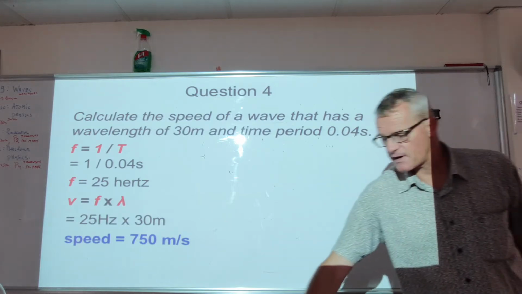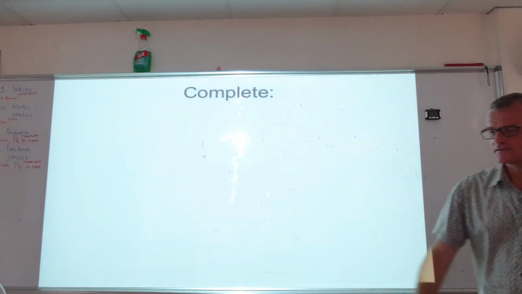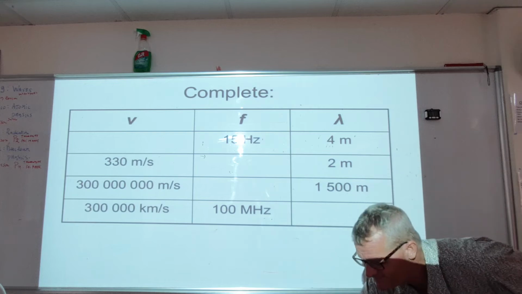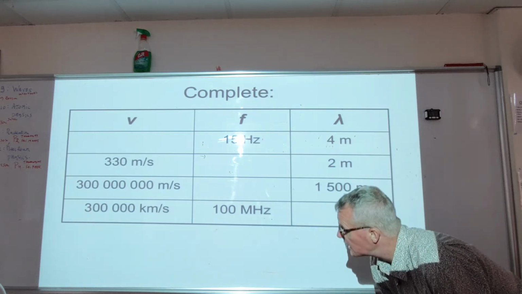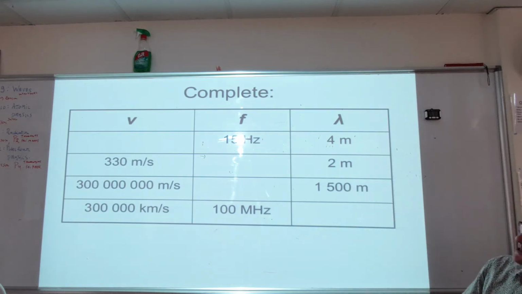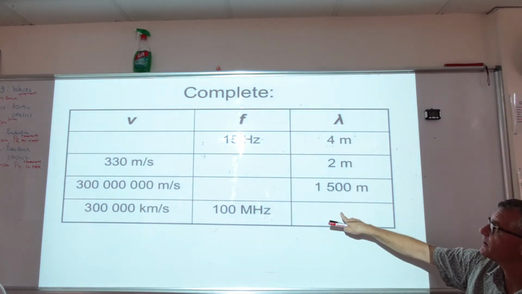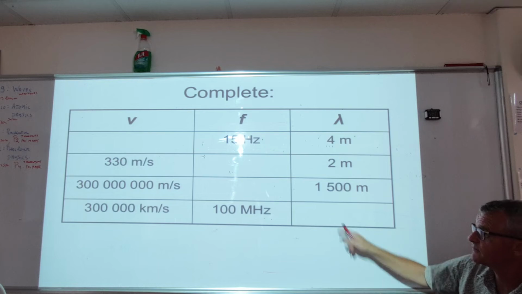Alright, try to complete this table, yeah, copy, and then find the answers for the speed. In the first one, frequency, the second one, frequency, in the third one, and the wavelength in the last one.